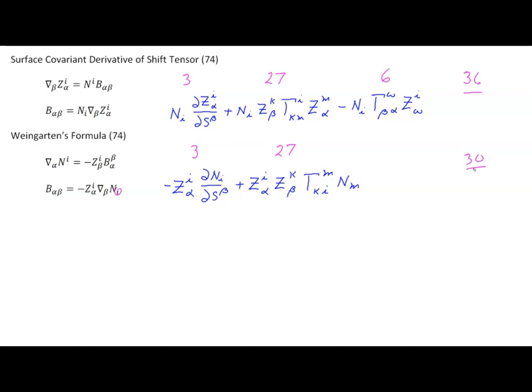However, since our ambient coordinates are affine coordinates, that means that all of these terms right here and here are 0. All of the ambient Christoffel symbols are 0, so this term drops out in both cases. And that leaves us with a possibility of 9 terms if we expanded this out, or only 3 terms down here.